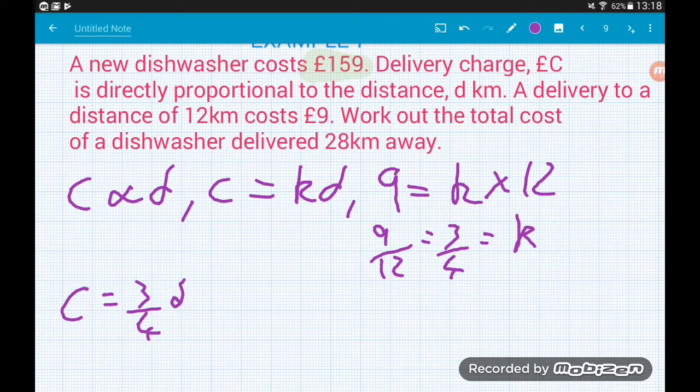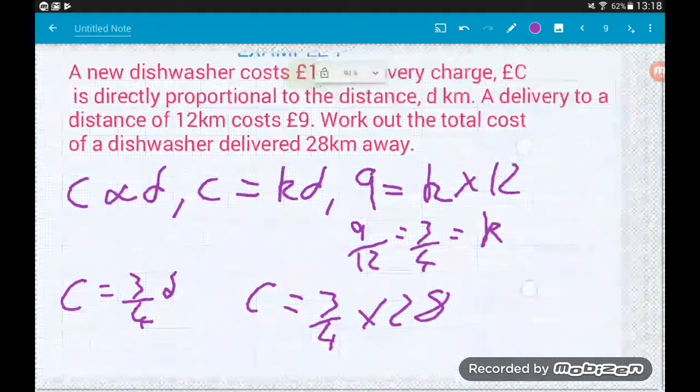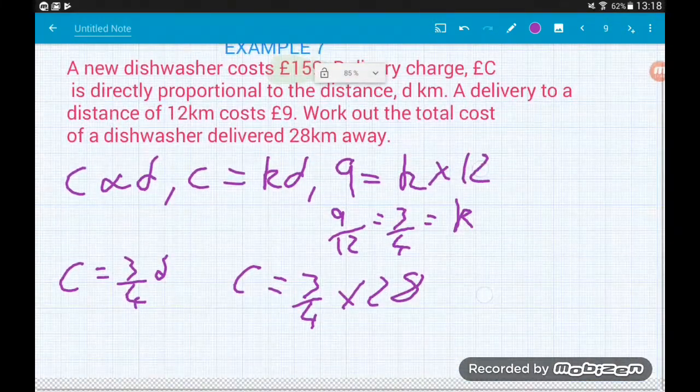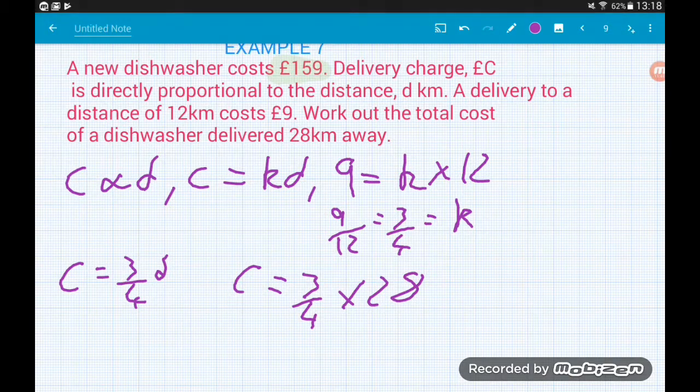So the cost of delivery is going to be 3/4 times 28. Now, whenever you're doing a fraction times an amount, as we are here, 3/4 times 28, then we are finding 3/4 of 28. Now, 1/4 of 28 is 7, 3/4 of 28 then is 21. So the cost of delivery of this dishwasher is going to be £21.